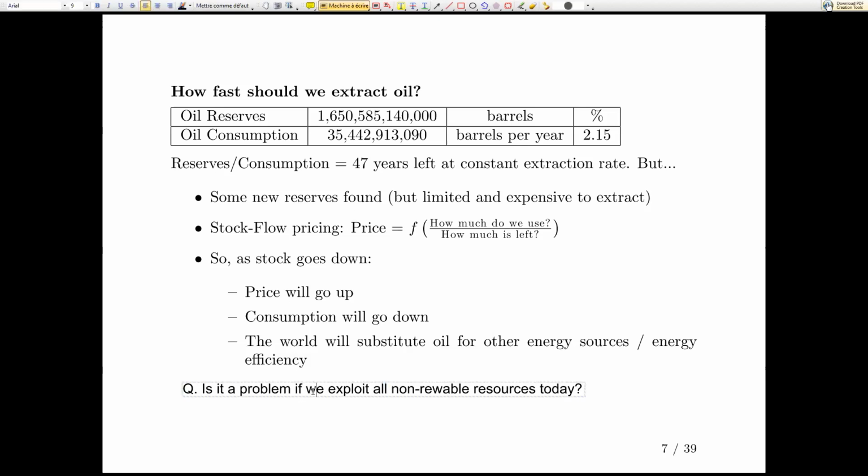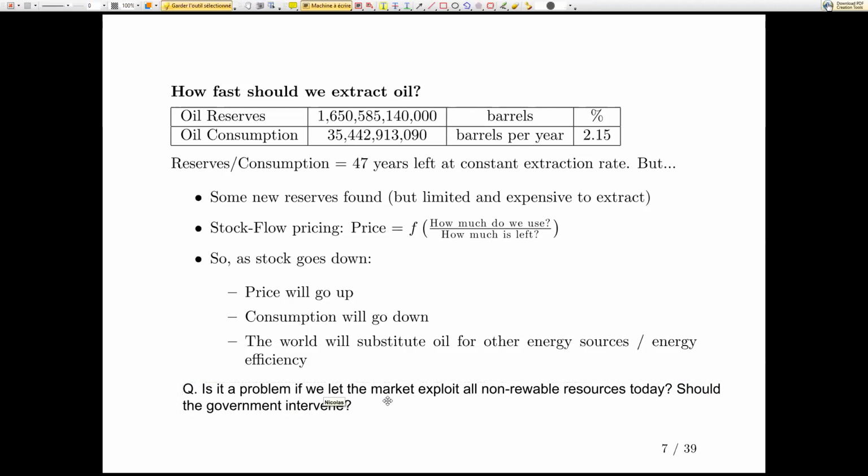Let me write it again, even more precisely. If we let the market exploit, should the government intervene?